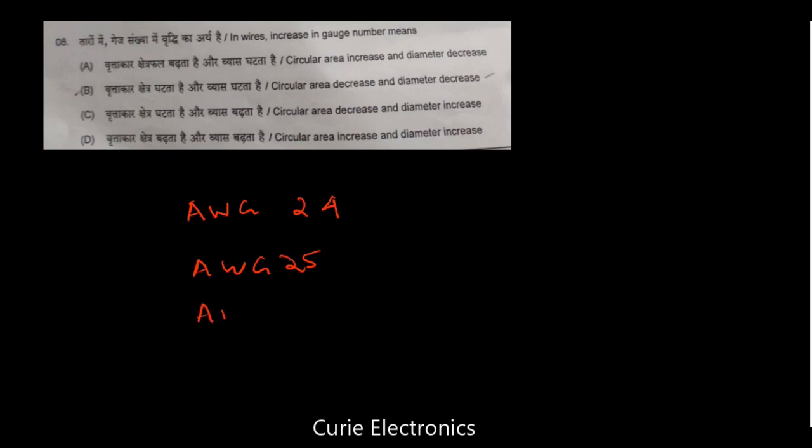And AWG 26. See, when the gauge number increases, actually what is happening? Diameter decreases. Circular area also decreases. So option B is the right answer. Circular area decreases and diameter decreases when the gauge number increases.